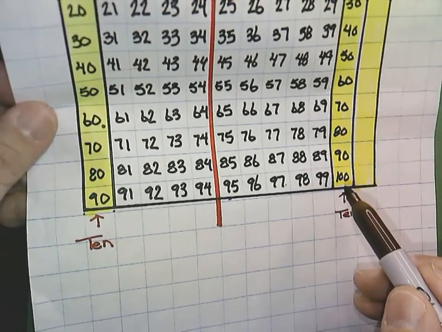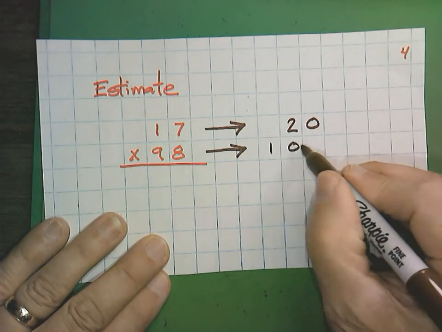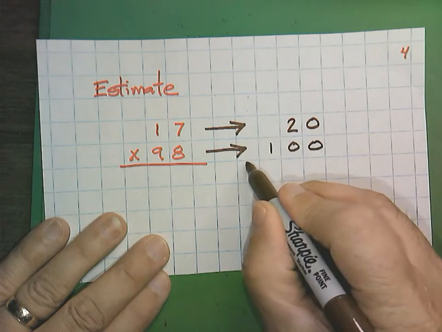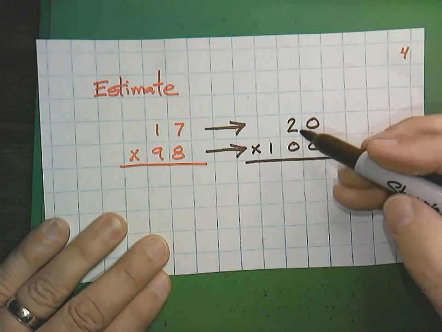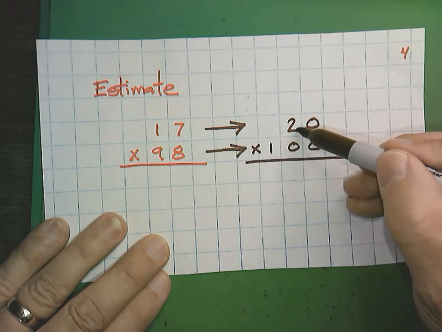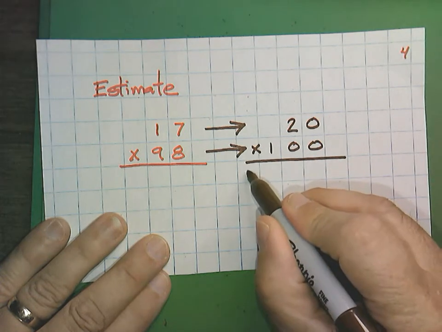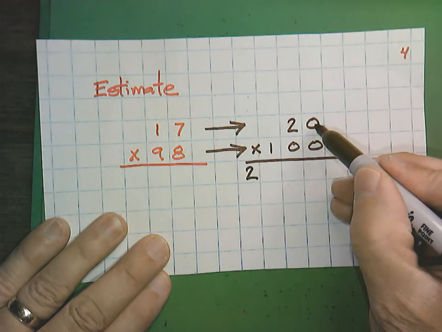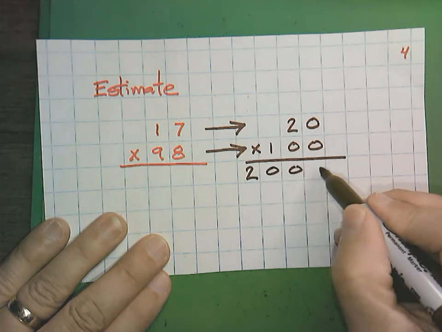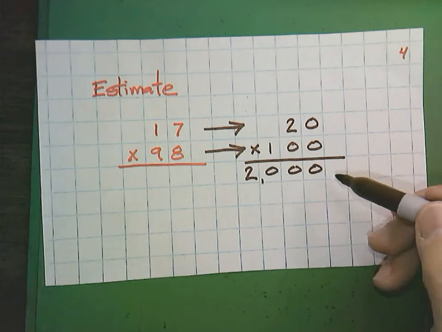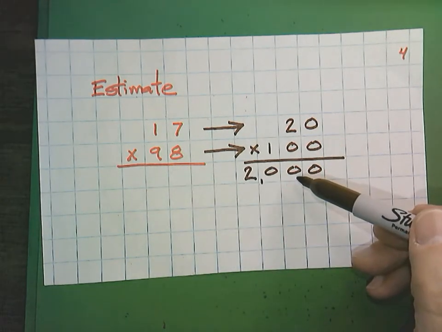Notice that 100 is a 3-digit. It's not a problem though. I'm going to use the same strategy. I'm going to multiply my solids. 1 times 2 is just simply 2. Zeros are 1, 2, 3, and write 1, 2, 3. So our estimate for 17 times 98 is 2,000.